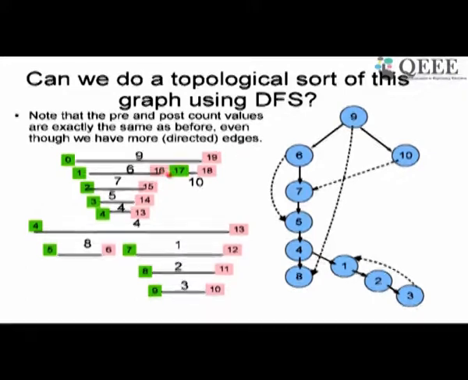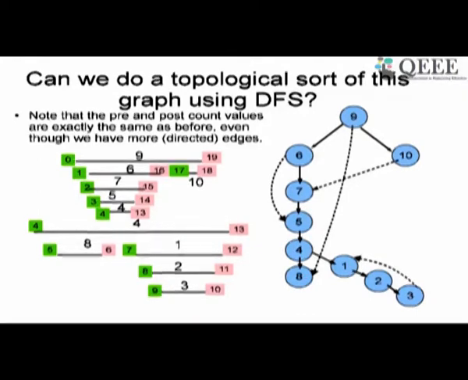So if I look at the post values in decreasing order 19, 18, 16, 15, 14, 13, 12, 11, 10, then the decreasing order of post values will automatically result in a topological sort of the graph. So 19 gives 9, 18 gives 10, 16 gives 6, so 10, 6, 7, 5, 4, then 1, 2, 3, then 8 is a topological sort of the graph, okay.